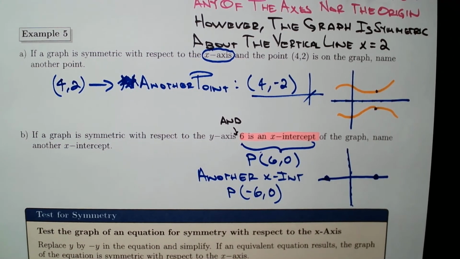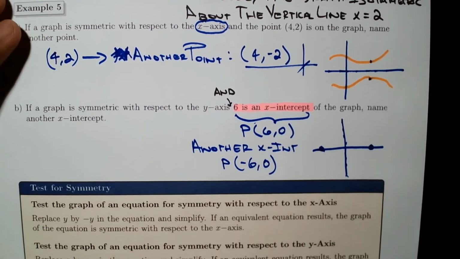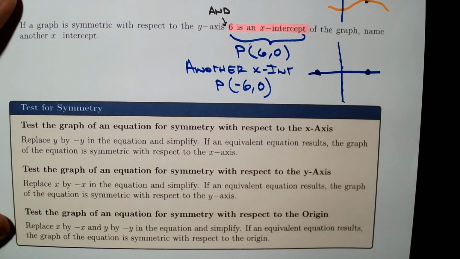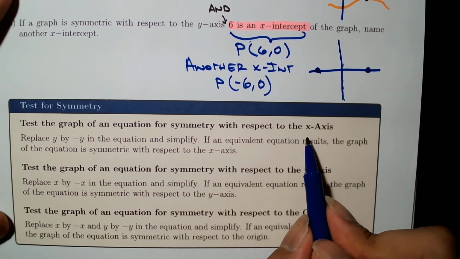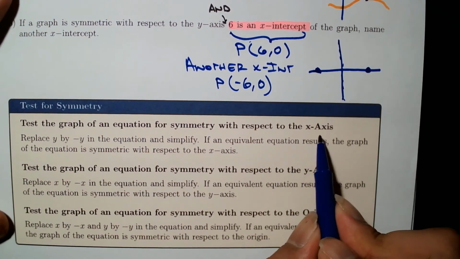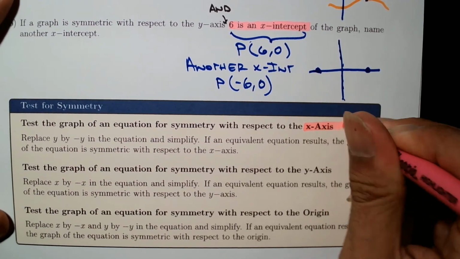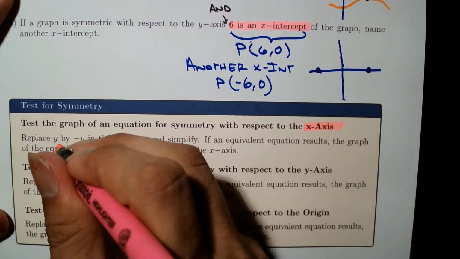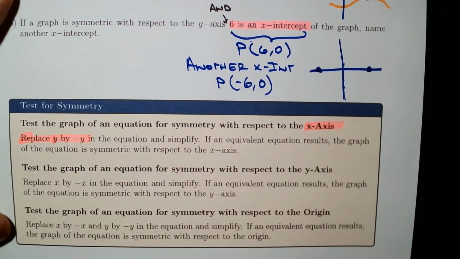So this is all about symmetry when it comes to graphs. Now, can we find symmetry given an equation? Of course, and we are going to do exactly the same. To check symmetry with respect to the x-axis, on the given equation we replace y by -y.